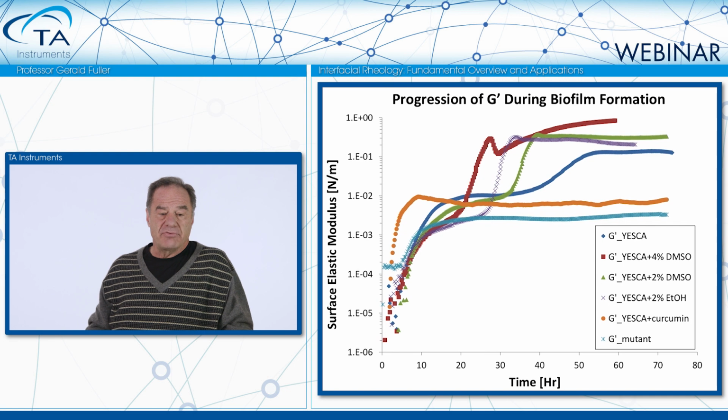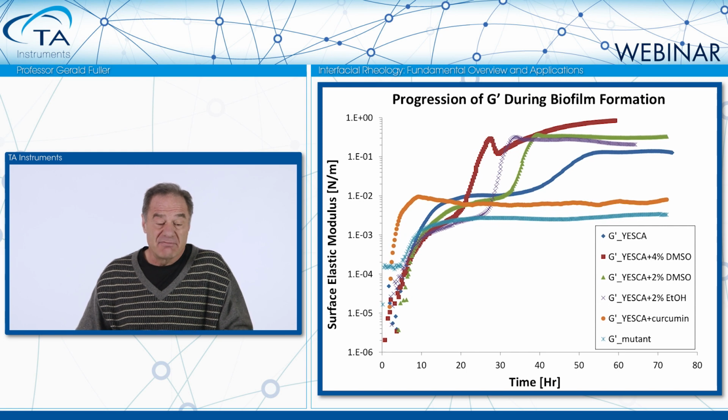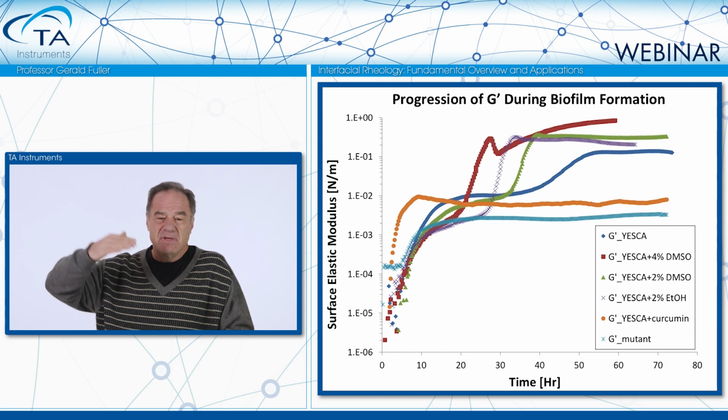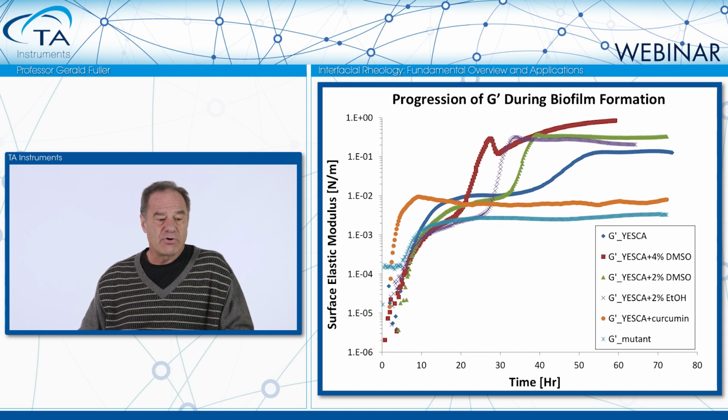If you knock out the ability of the bacteria to produce biofilm, you can see that the lowest curve, the light blue. So that's what happens when the bacteria gets to the surface, but there's no biofilm formed. What about curcumin?